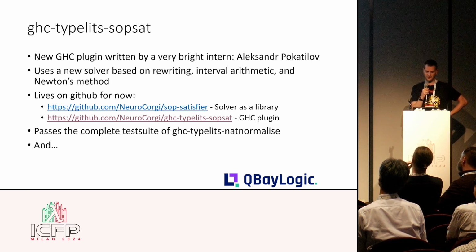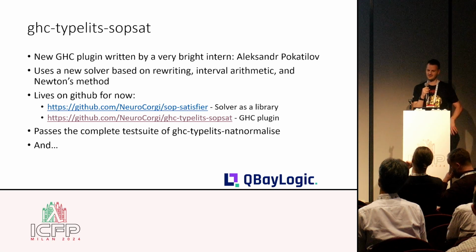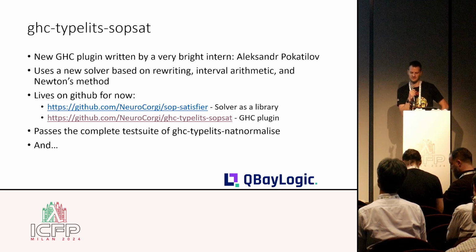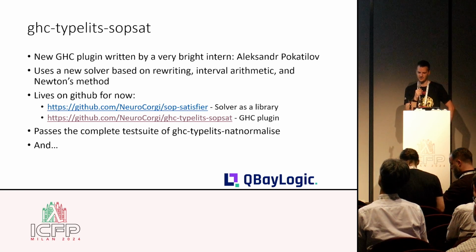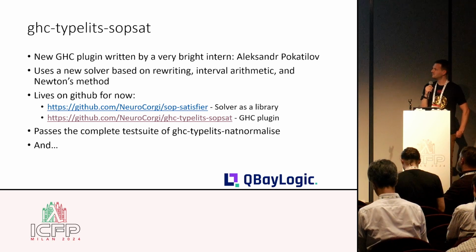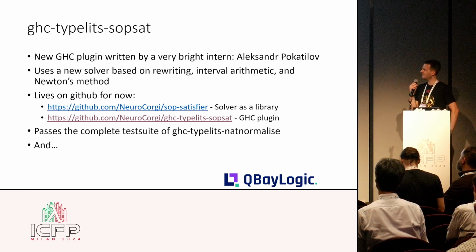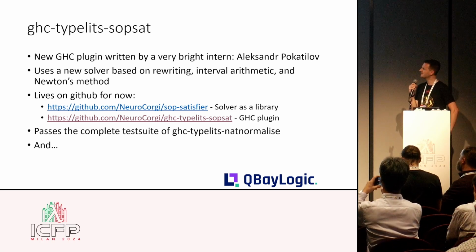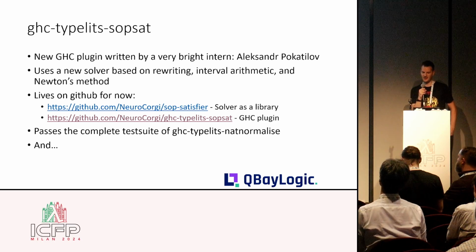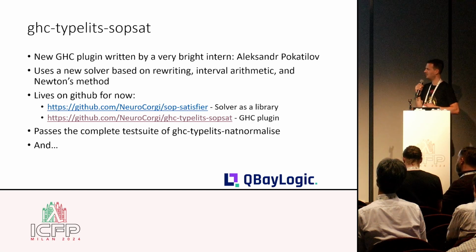It has a new solver based, again, on rewriting, also some interval arithmetic, and also Newton's method for root finding as a backup in case interval arithmetic doesn't work. The solver is there as a library. The subset is currently only on GitHub. It has an SMT-LIB kind of interface, and we also use it in the plugin.